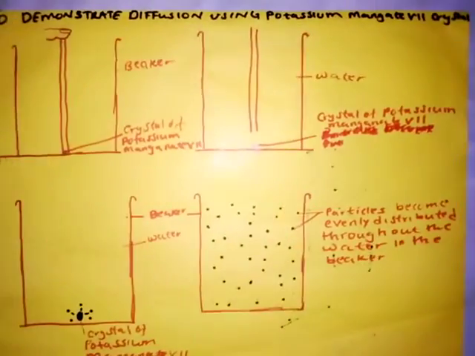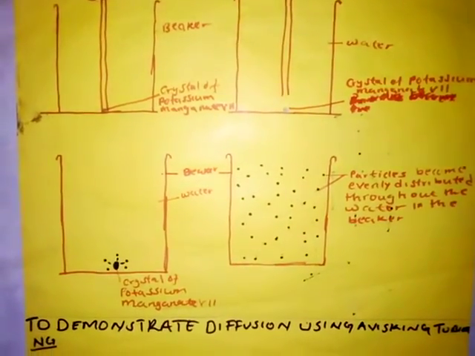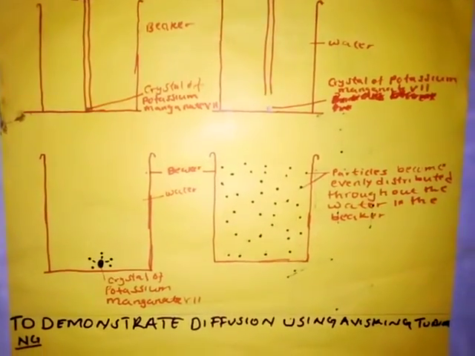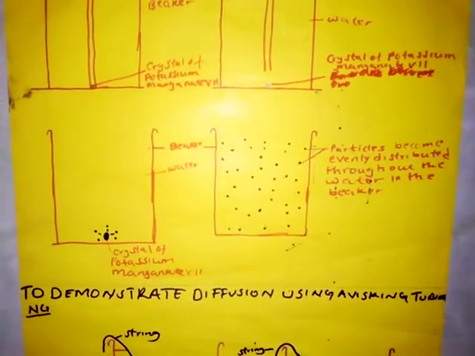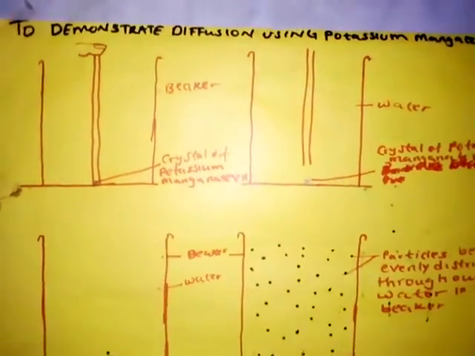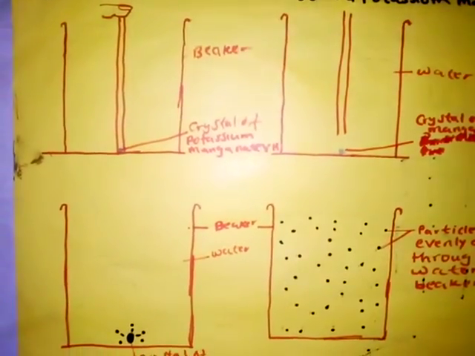So from the demonstration that we have here, you will realize that after a period of around 15 minutes, the potassium permanganate 7, which is purple in color, will spread throughout the water evenly. And at the end of the day, you will realize that the water will turn purple.